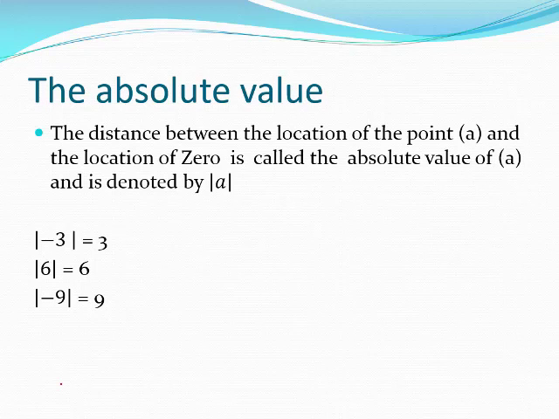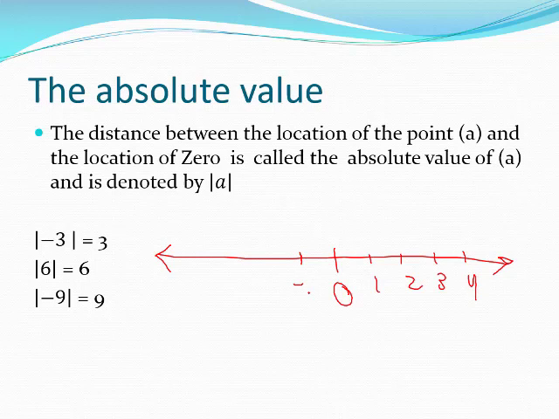Let's define a new word in our lesson, which is the absolute value. What is the absolute value? Let's see here if we have a number line. When we write a number line for integers, we write 0, and then 1, 2, 3, 4, and so on.